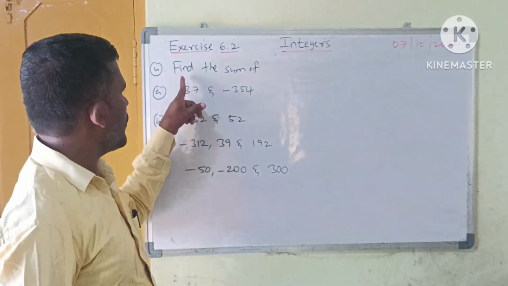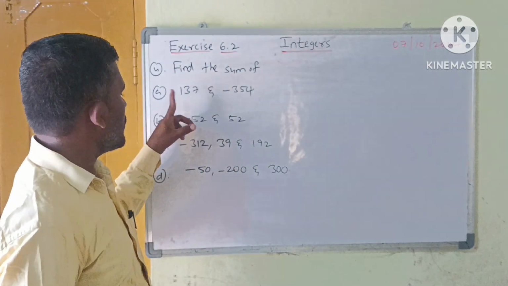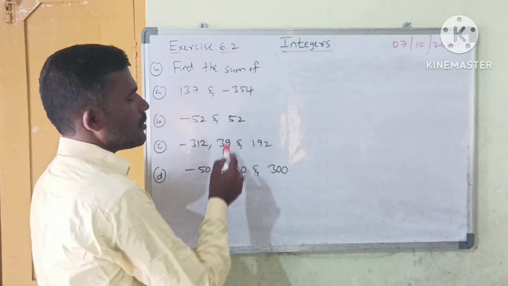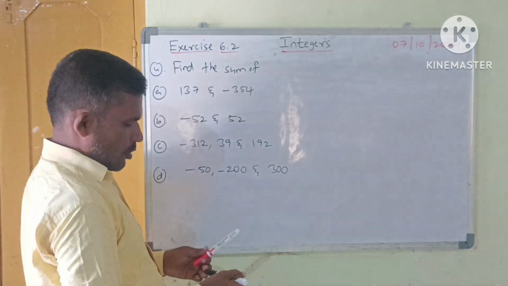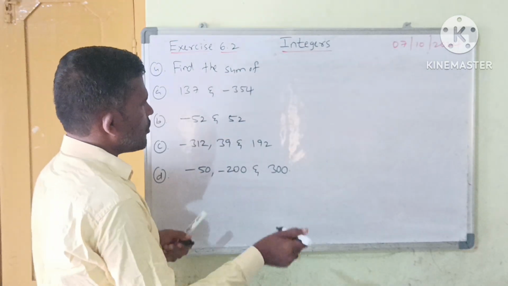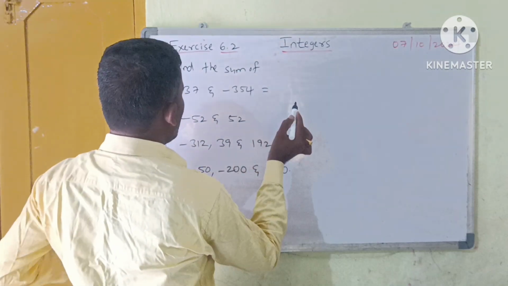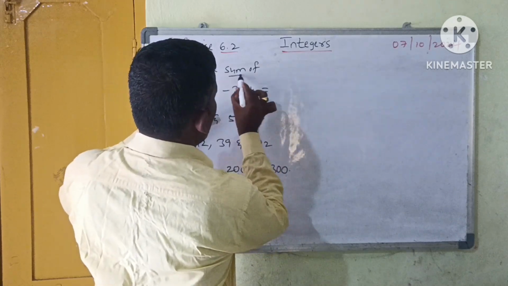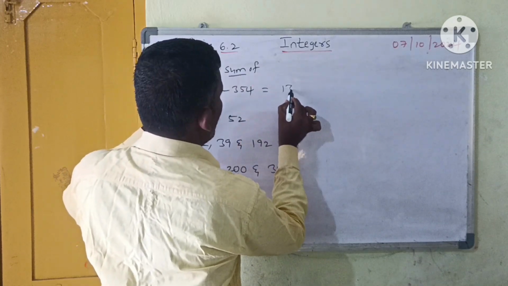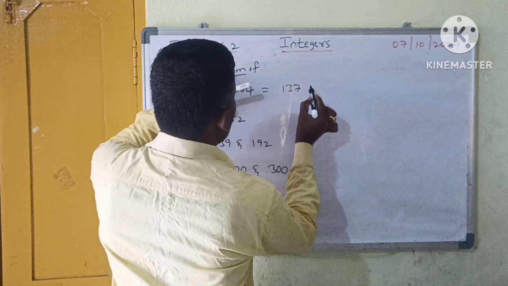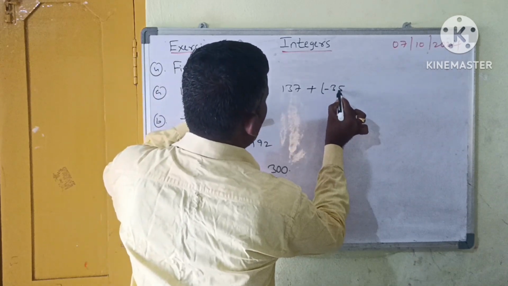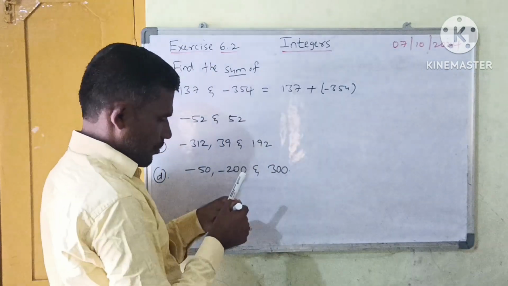Next, the fourth bit: find the sum of, in this first one, 137 and minus 354. So it is given like this, and I am taking the mathematical expression for this. Sum is plus only: 137, and you have to add minus 354.